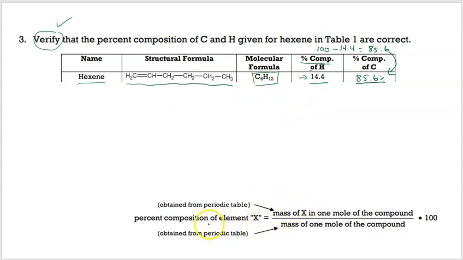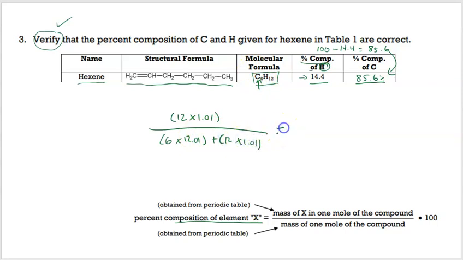The mass percent composition of element X, being hydrogen in this case: I'm going to set up my fraction. 12 hydrogens, so 12 times 1.01, over the combined mass, which would be 6 times 12.01, those 6 carbons, plus the 12 hydrogens.